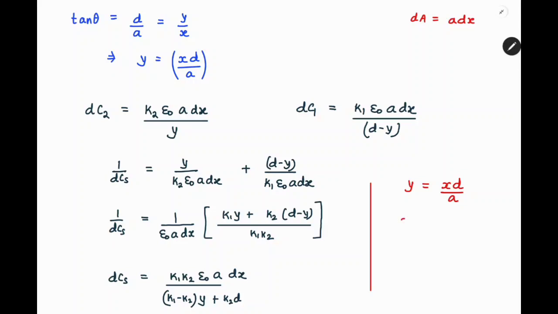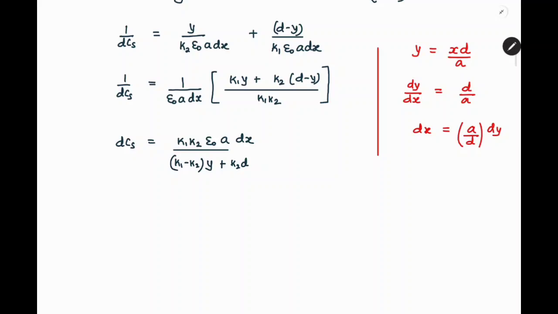So if we differentiate this term with respect to x to get dy by dx, we will be only left with this coefficient d by a. Therefore dx can be written as a by d times dy.